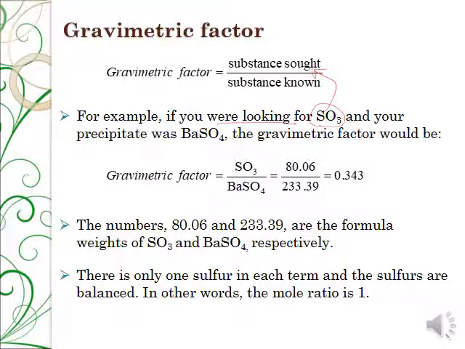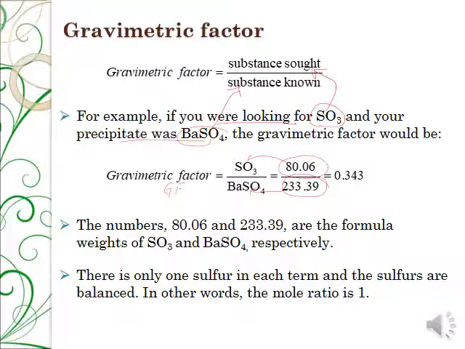Your precipitate was barium sulfate, so this would be the substance weighed. So we substitute this into the formula of gravimetric factor, GF. We get this, obtained from the formula weight of the sulfur trioxide, and this value here, 233.39, is the formula weight obtained from barium sulfate.